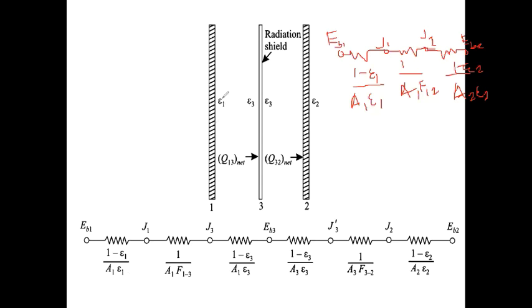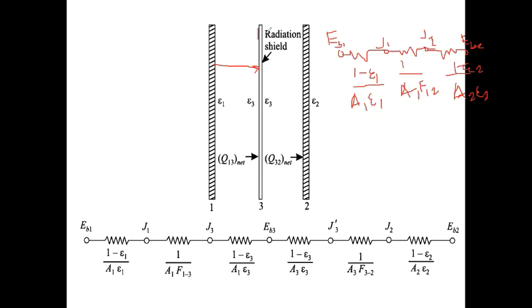Then J1 to J3 is the space resistance, 1 by A1 F13. Then the shield's own resistance on its left side: J3 to EB3, its own radiation, so (1 minus epsilon 3) divided by A3 epsilon 3.